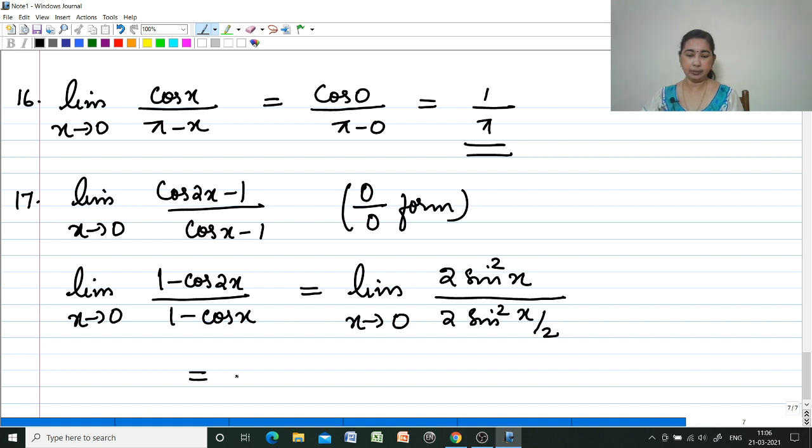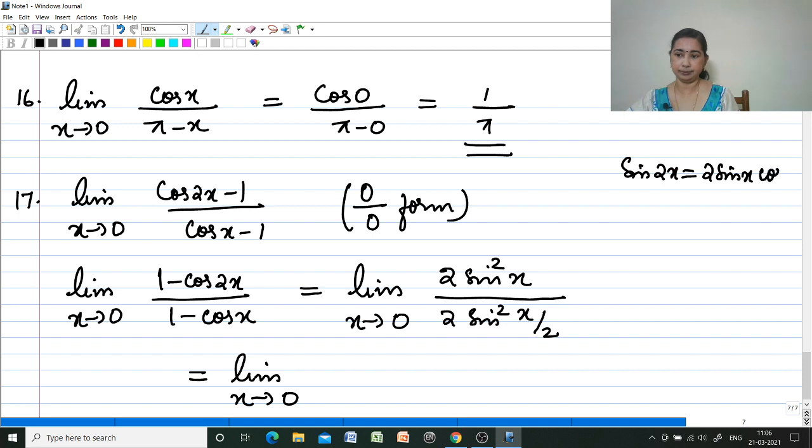And that is equal to limit x tends to 0. So instead of sin x, what is sin x? Sin 2x we know is 2 sin x into cos x. So what will be sin x? It is 2 sin x by 2 into cos x by 2.